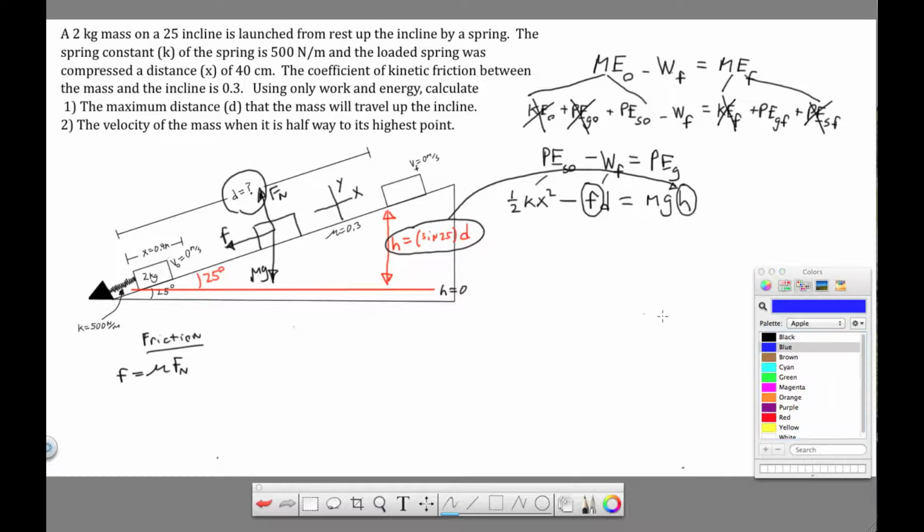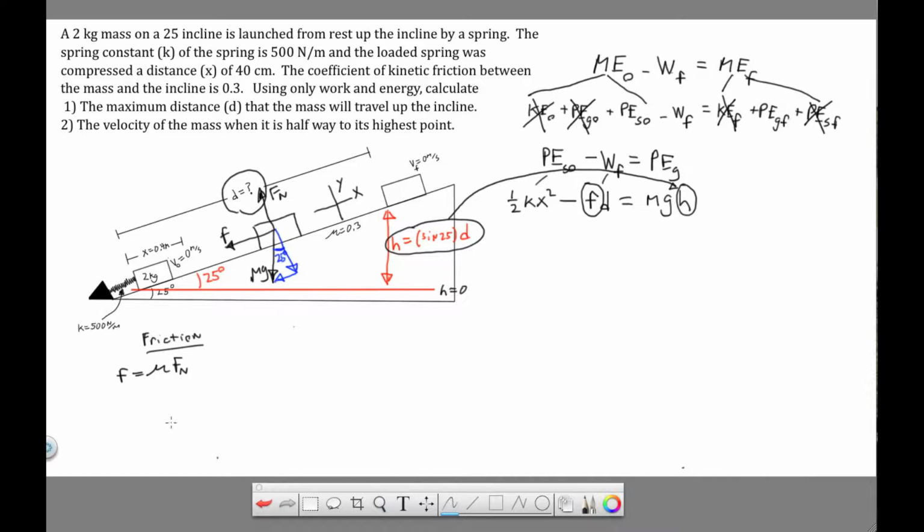So with a blue pen, I'm going to show the components of mg. So this guy right here is mg y component, and this angle in here is the same as the incline, so that's 25 degrees. All right, so what we're going to do is we're going to sum the forces in the y direction, remembering that we tilted the xy axis.